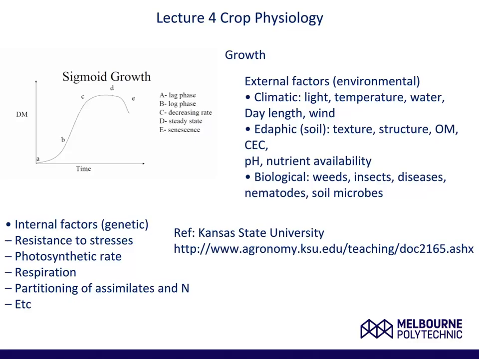The opposite to photosynthesis is respiration, and we are not going to learn much about that here. But respiration can take energy from the plant. So a plant that has a high respiration rate can reduce growth. The last thing to consider that can impact on growth is the partitioning of assimilates and nitrogen.